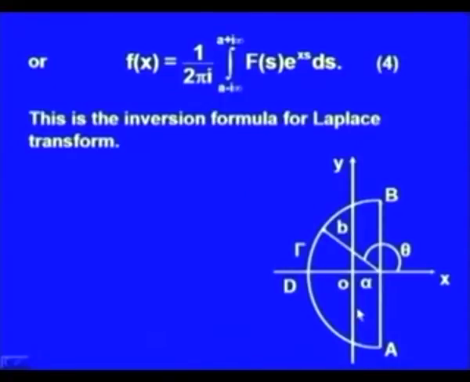Here the integral is being taken over the line AB, which is parallel to the imaginary axis and is to the right of all the singularities in the s plane. All the singularities of the function f(s) into e to the power xs lie to the left of the line AB and are enclosed by this contour ABD, which consists of AB and the semicircle gamma.